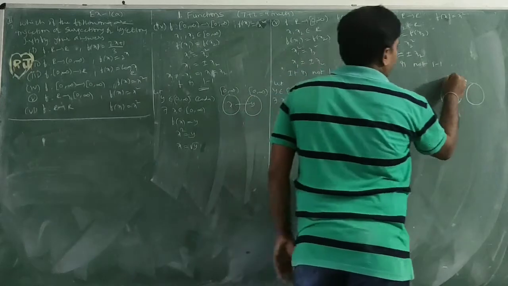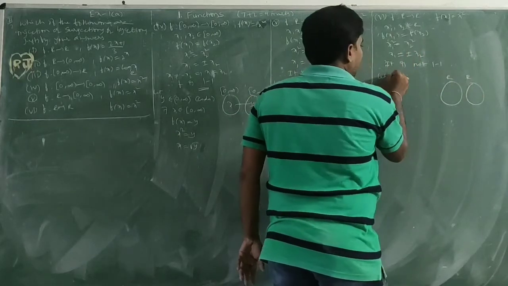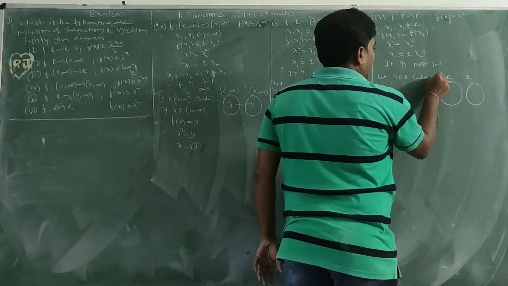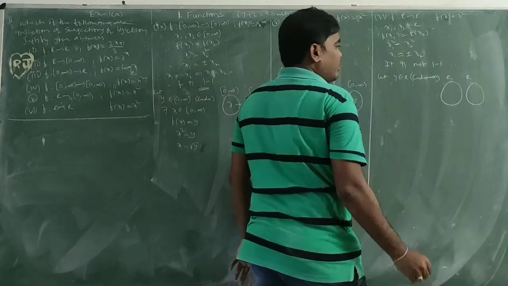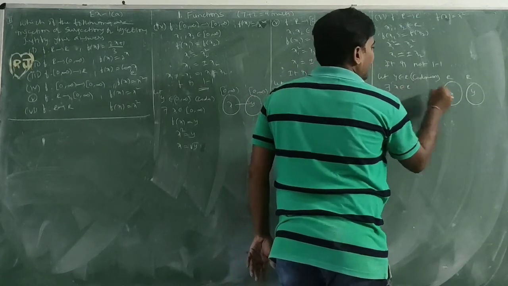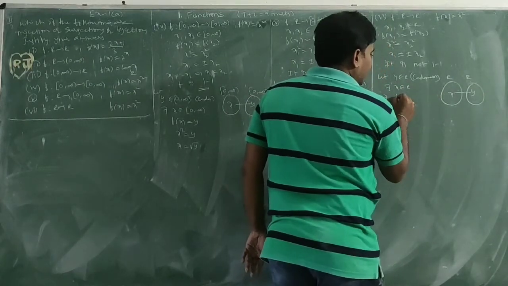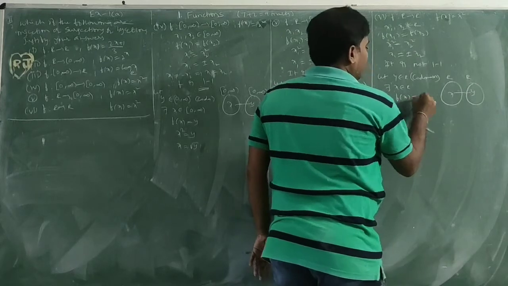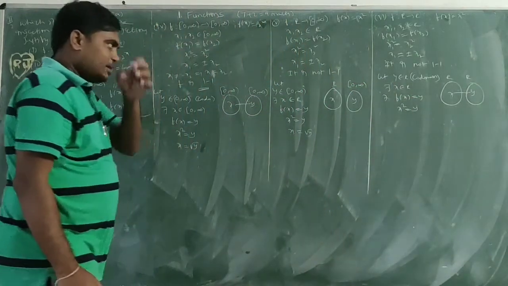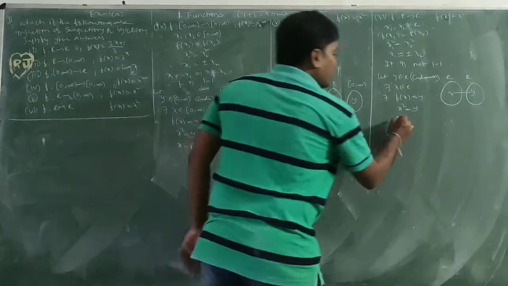For R to R, let y belong to R, the codomain. Then there exists x belong to R, the domain, such that f of x equal to y. What is f of x? x square equal to y, x equal to root.